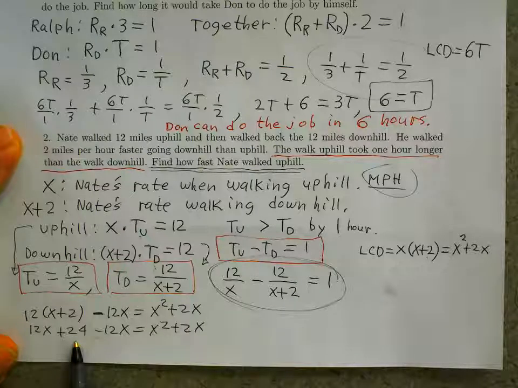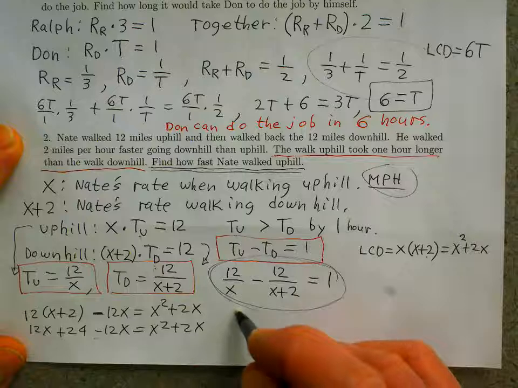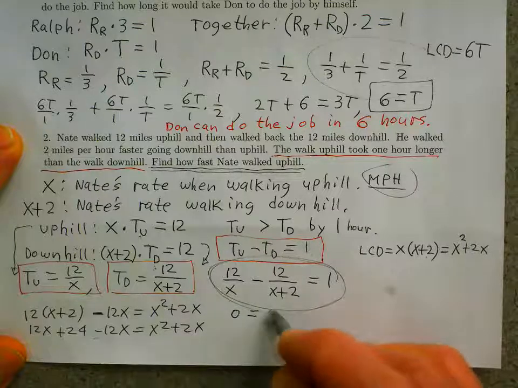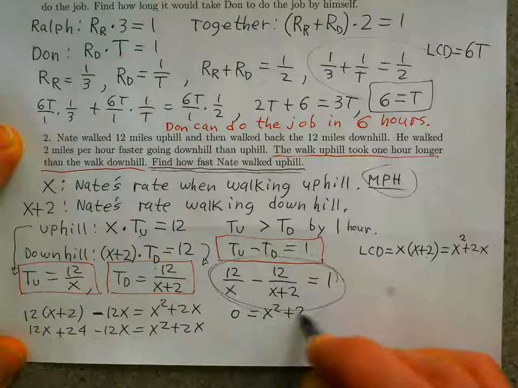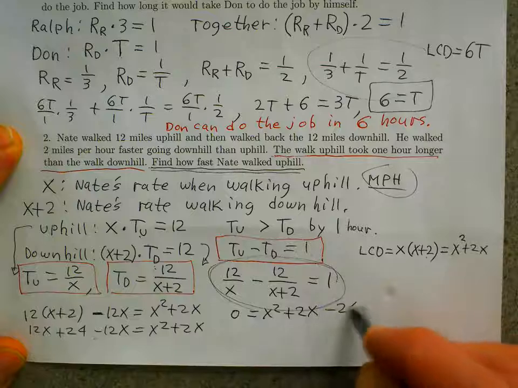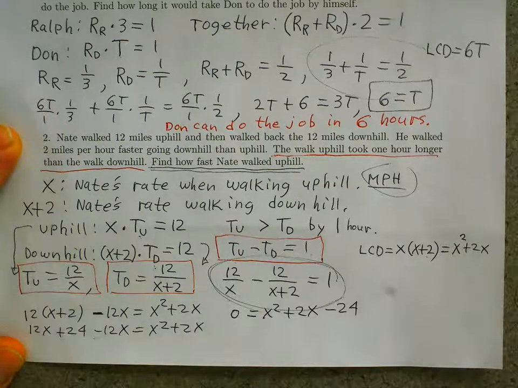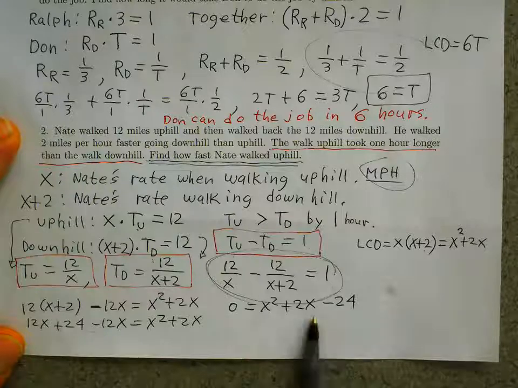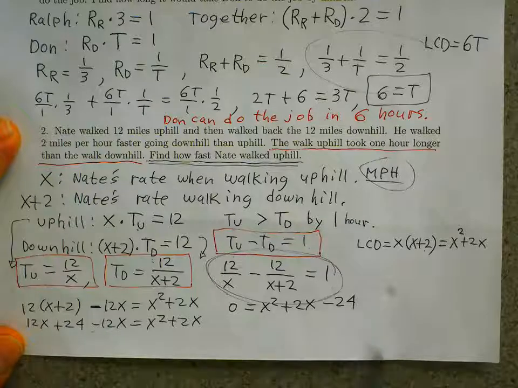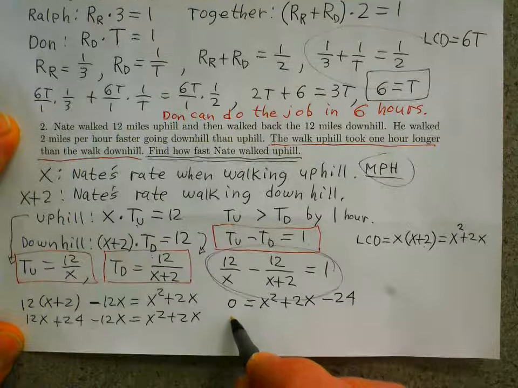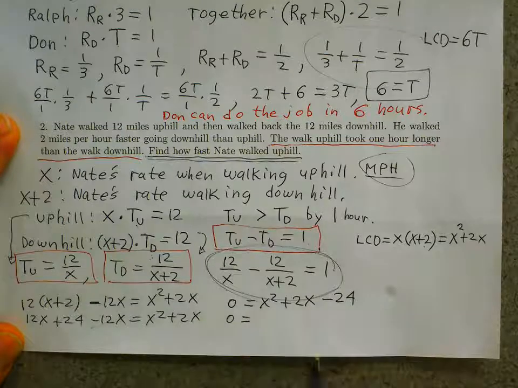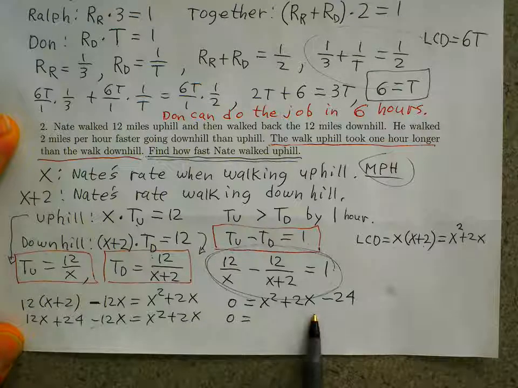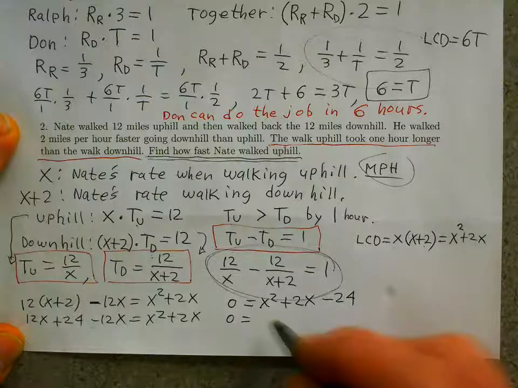So we'll just subtract 24 from both sides, and we'll get 0 equals x squared plus 2x minus 24. And we can pretty easily solve this equation by factoring. One of the factors is x plus 6, and the other factor is x minus 4.